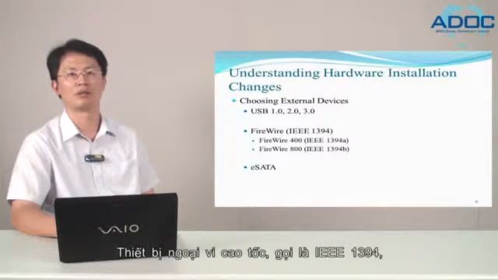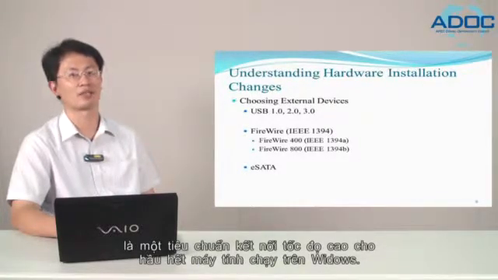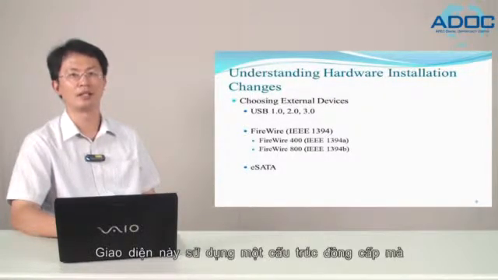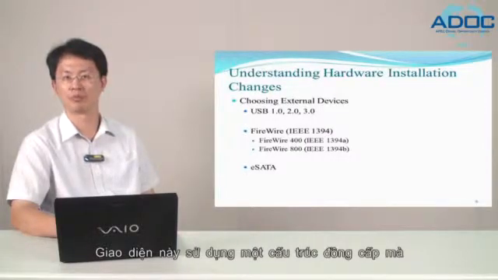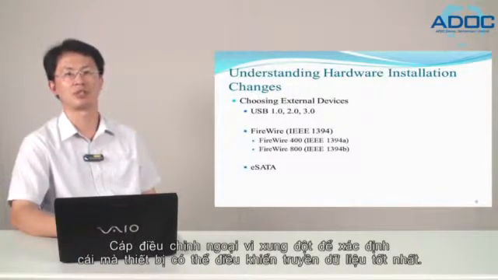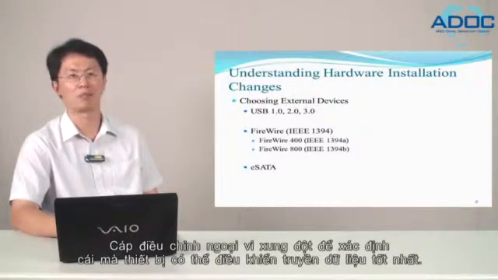FireWire, also called IEEE 1394, is a high-performance connection standard for most Windows-based computers. This interface uses a peer-to-peer architecture in which peripherals negotiate bus conflicts to determine which device can best control a data transfer.